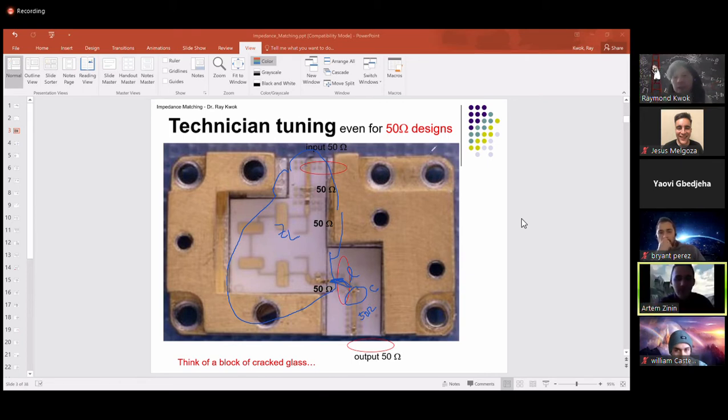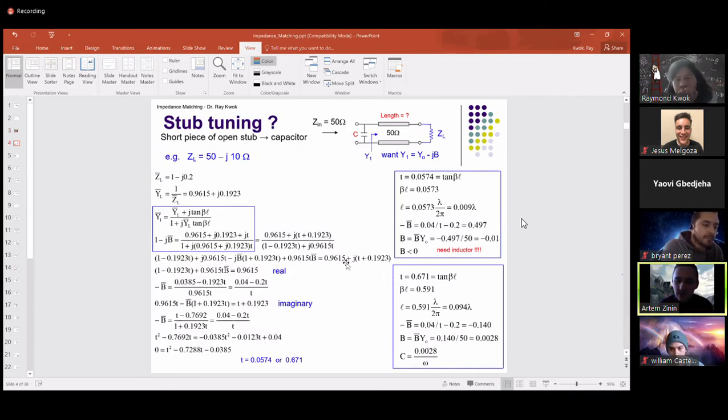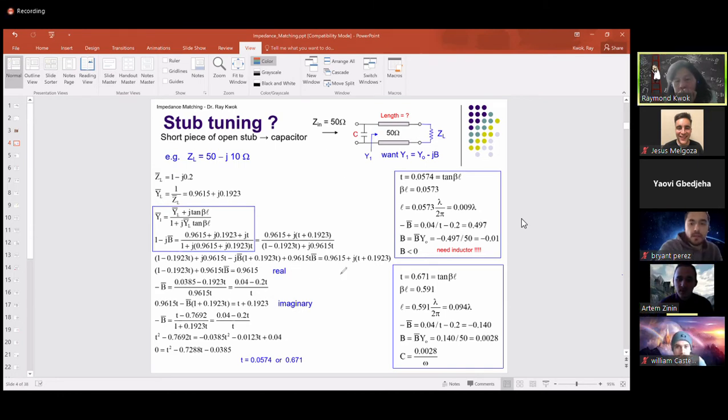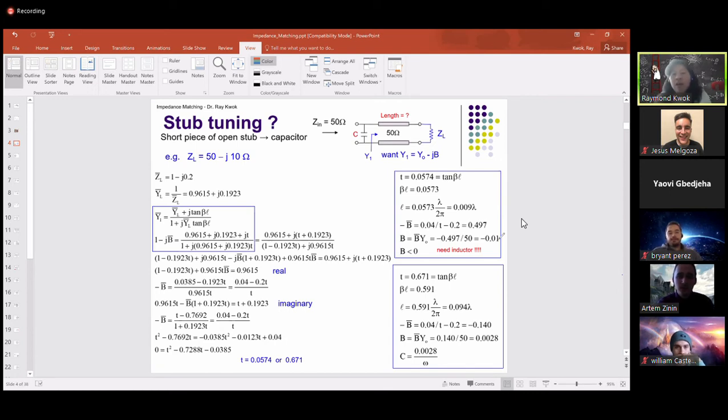Quick question on the next slide. The negative 0.01 that we got for the first solution, are we able to use that in any way, or does that just tell us that we have to stop and solve for something else? If you can calculate it, and that's the result, you could use it if you want.